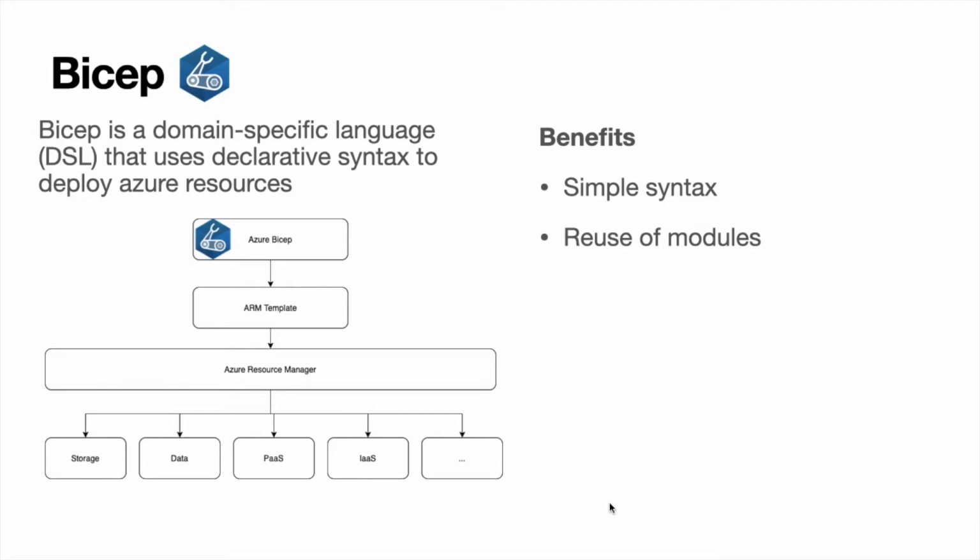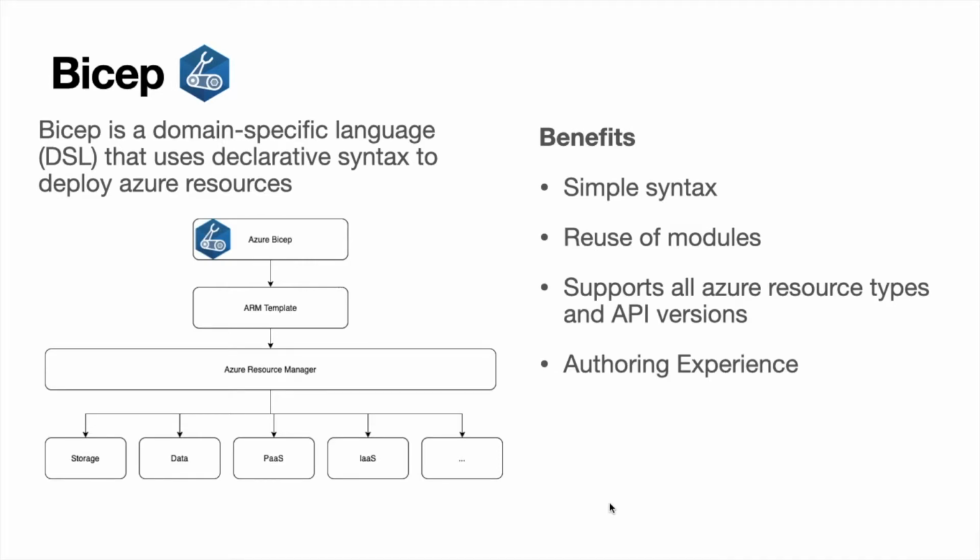So instead of having one long file, we can break code into multiple files and we can reuse some of the modules we've created. Everything supported by Azure is supported by Bicep, which is very cool. And the authoring experience, we spoke about a simple syntax. So in tools like VS Code, we have IntelliSense, which makes it way easier to create Bicep files.